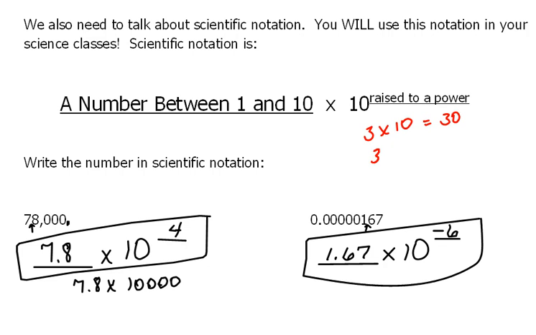Or if we multiplied 3 times 100, then that would be 300. So really, we're just moving decimal places because we have a base 10 number system. So remember, whenever we're changing these things into scientific notation, we need a number between 1 and 10 raised to the power, and the power is the same number of places that you move the decimal.